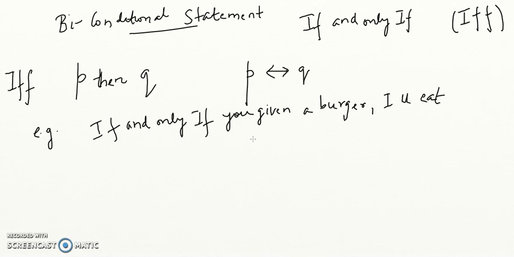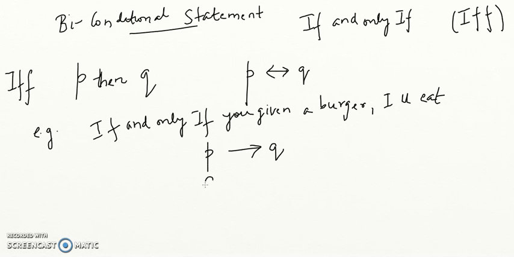Now here, you giving me a burger is statement P, and me eating is statement Q. This implies that if you give me a burger, then it automatically implies I will eat. So if somebody comes and says, hey, I gave a burger, then that person will automatically understand that I would have eaten that.